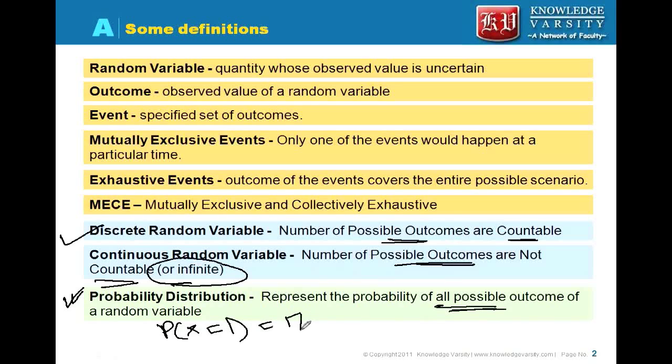It is 1 by 6. What is the probability that x is equal to 2? It is 1 by 6. Like that we will be denoting. I will cover this in maybe a couple of hours. As of now, think of it as all possible outcomes of a random variable. There is a way to represent that, and that way is through a probability distribution.